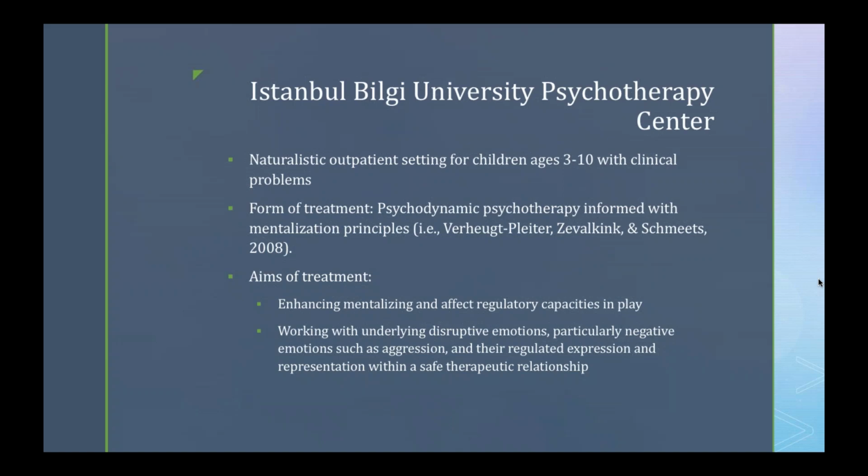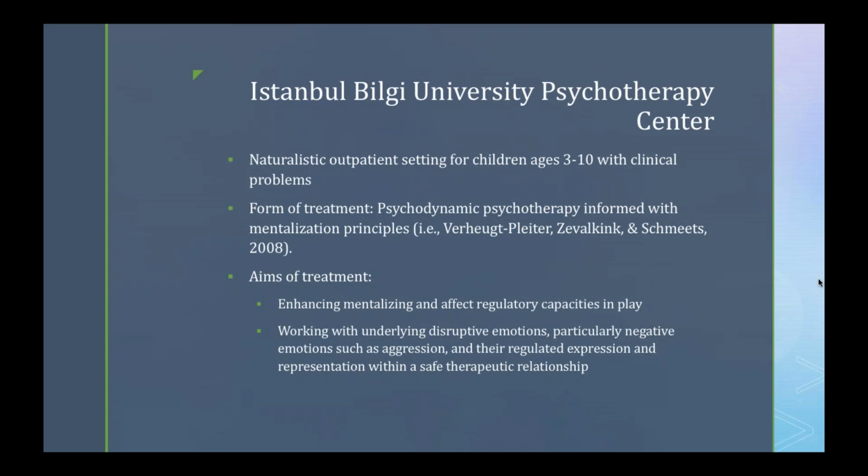One of the major aims of our treatment with children is enhancing their mentalizing and affect regulation capacities over the course of treatment. We emphasize the importance of working with underlying disruptive emotions. This could be aggression or other negative emotions, and their regulated expression and representation within a safe therapy relationship.